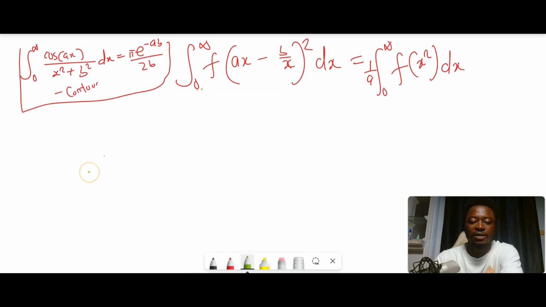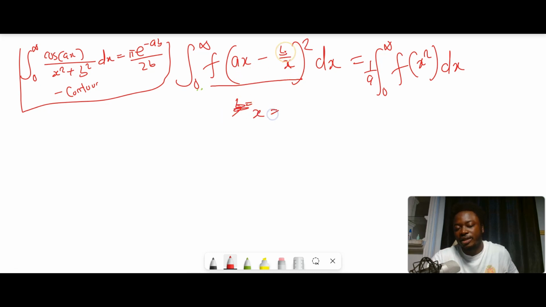Well, to prove it, we first note that we can write this always. For this expression here, we want to eliminate the b, and we want the a to come up, so you take x to be b over ay.